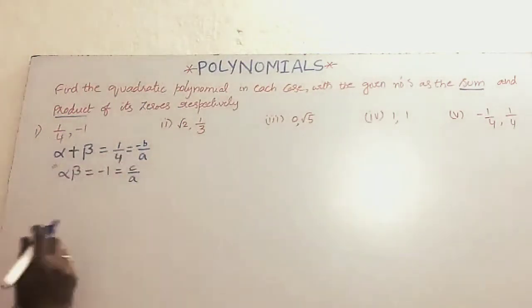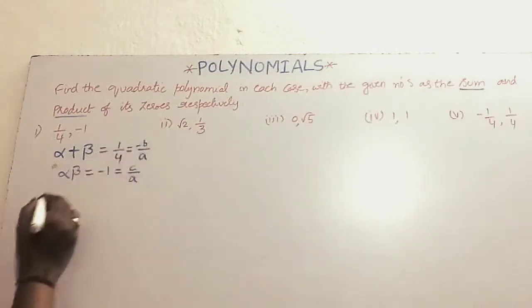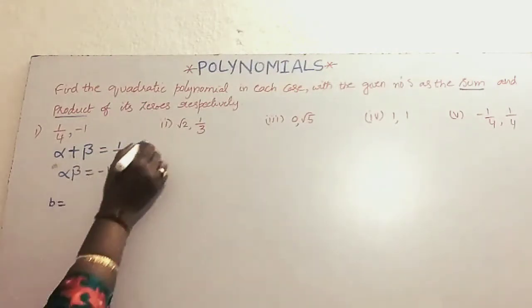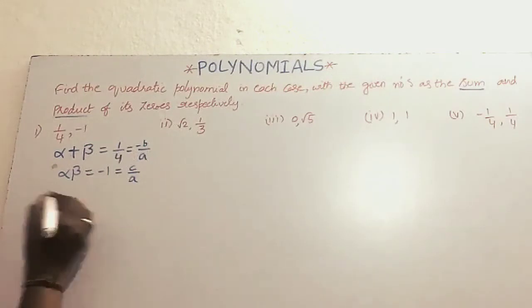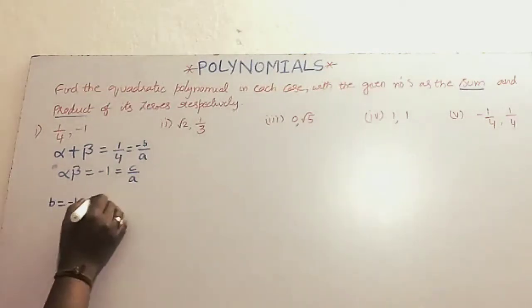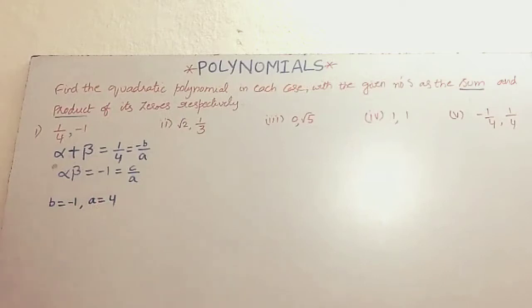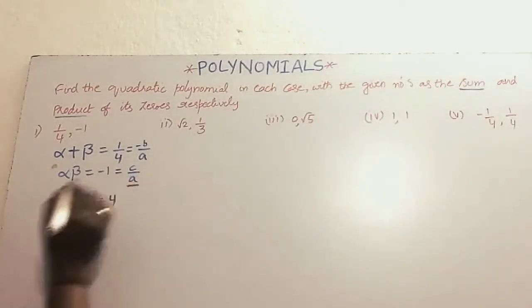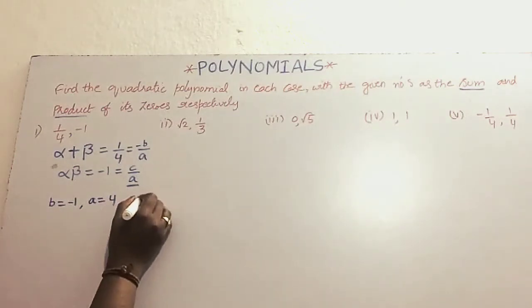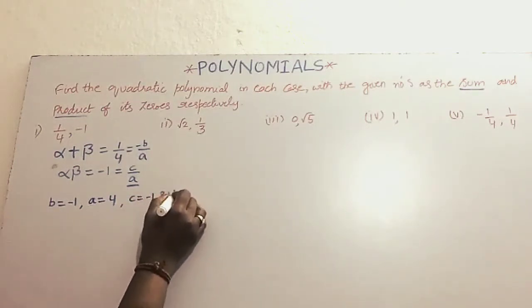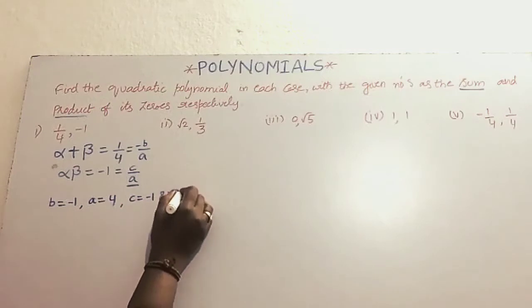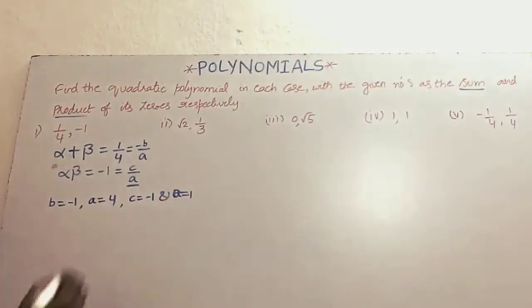In this, here we observe b equal to minus 1 and a equal to 4. But in this equation, c equal to minus 1 and a equal to 1. But in the above a equal to 4, here a equal to 1.